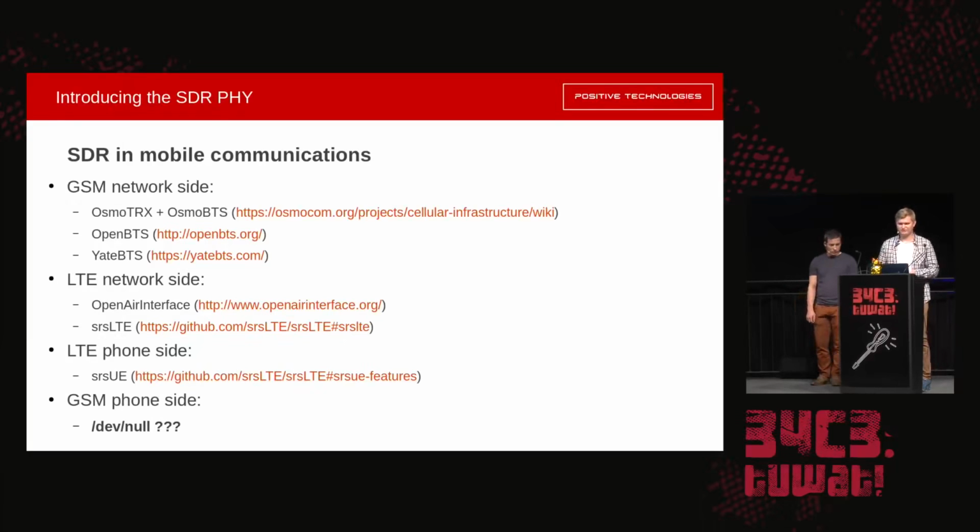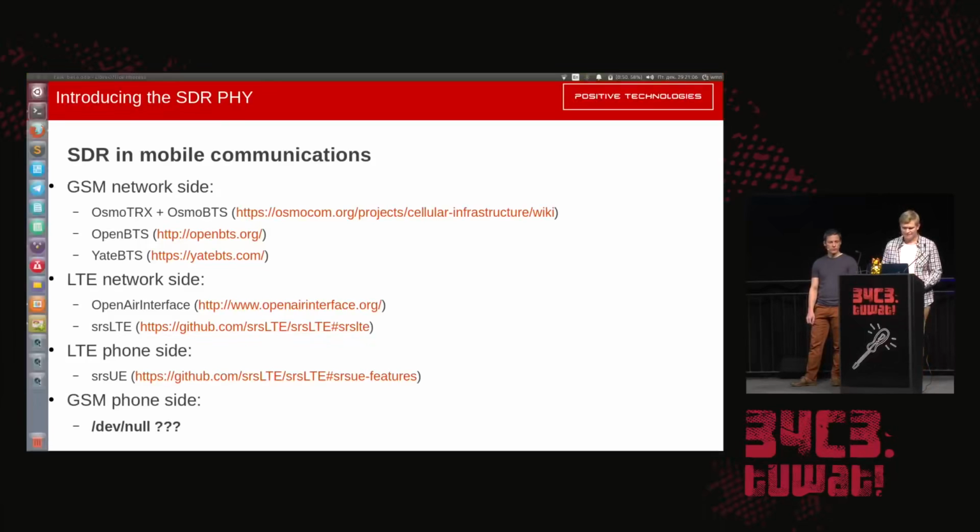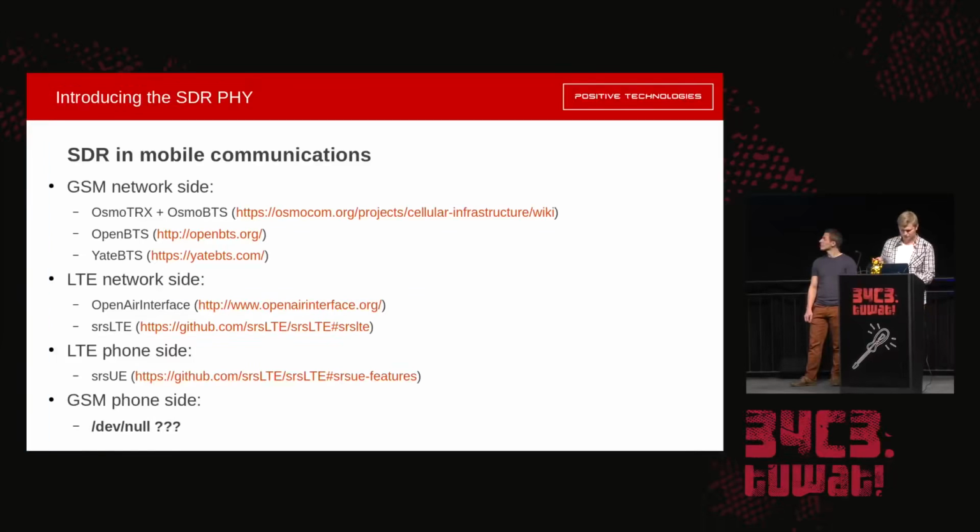You can even run an LTE mobile-side stack. But what about GSM? Can we actually run a mobile phone on GSM? And this is actually where our work came into play.